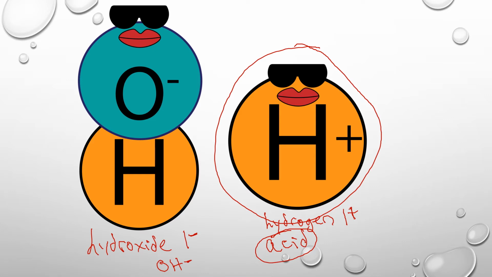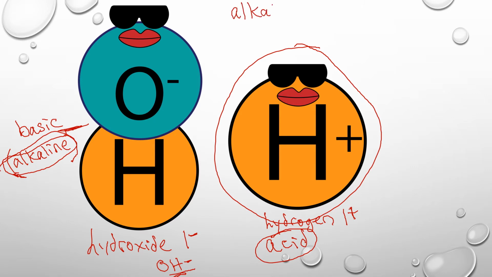So what does that make hydroxide, this one over here, this OH negative? That makes it basic, or it's also called alkaline. So basic or alkaline is the opposite of an acid. I'll just circle that because acid was circled. So alkaline is the opposite of an acid.